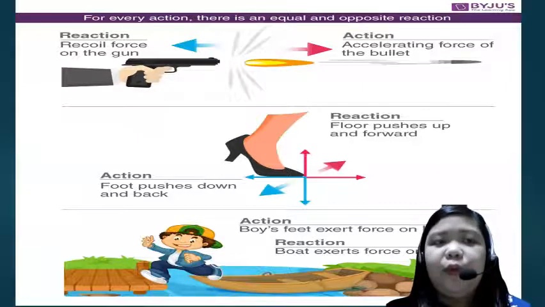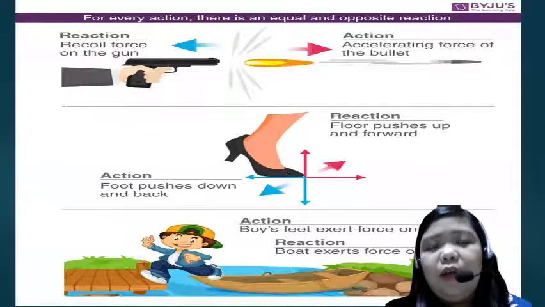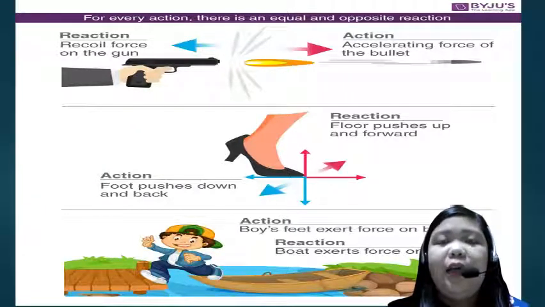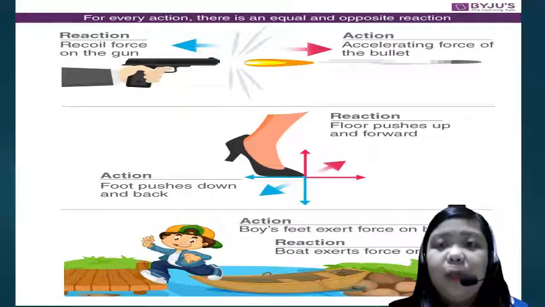Just like for example here, the reaction is the recoil force of the gun. So what is the action? The accelerating force of the bullet. So as you can see, there is an opposite between the reaction and the action. Your reaction is the recoil force of the gun, while the action is the accelerating force in the bullet.